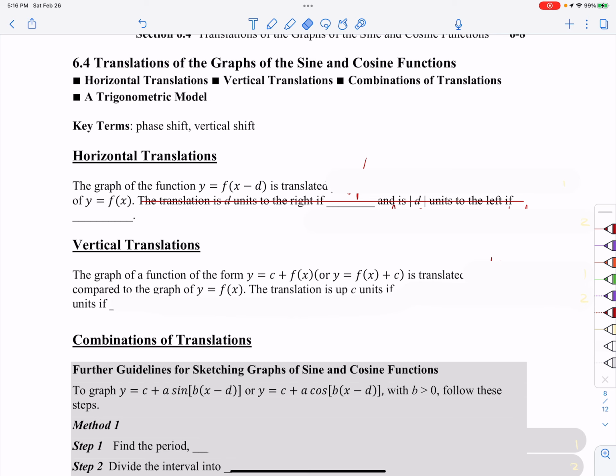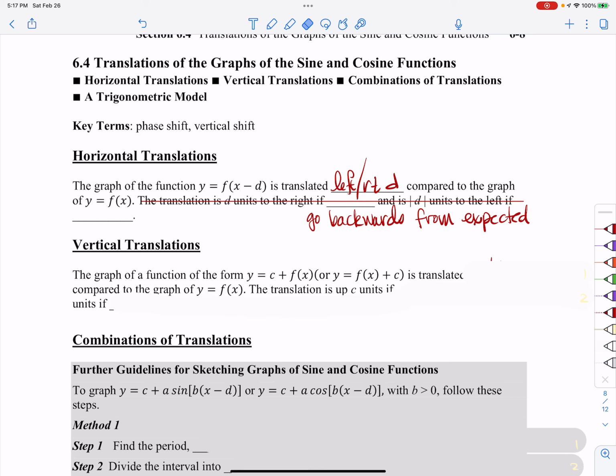So what I've done for the first definition here for horizontal translations, I just wrote this a little bit differently. I said that we're going to be moving to the right or to the left a distance of d, which is this right here. And all I'm going to say here is that we're going to go backwards from what's expected.